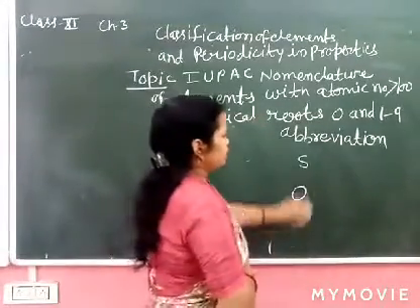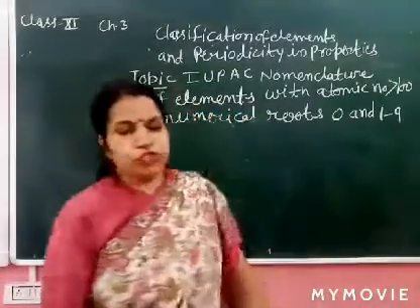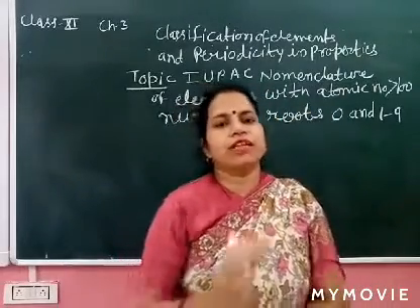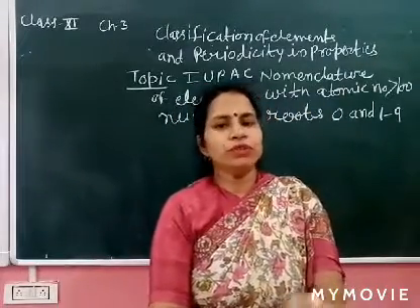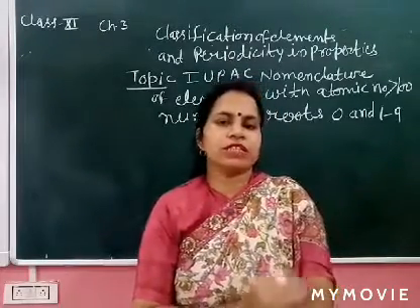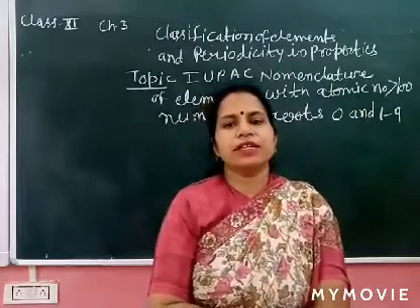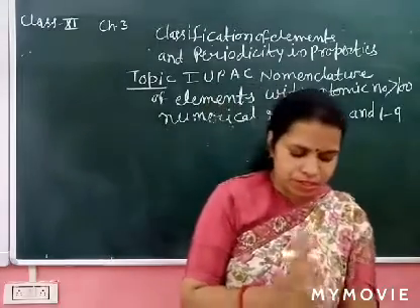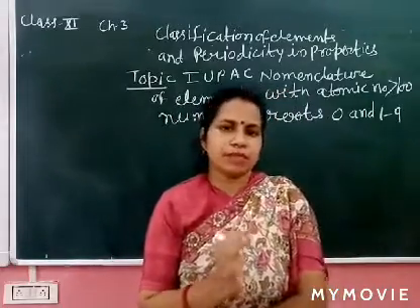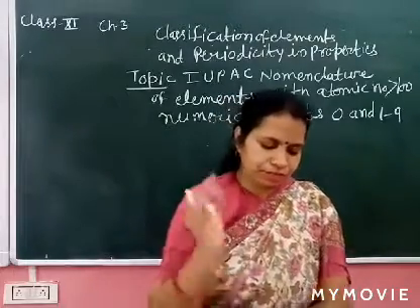Again, I repeat: 0 is nil, 1 un, 2 bi, 3 tri, 4 quad, 5 pent, 6 hex, 7 sept. Don't write hept. 8 oct, and for 9 enn.